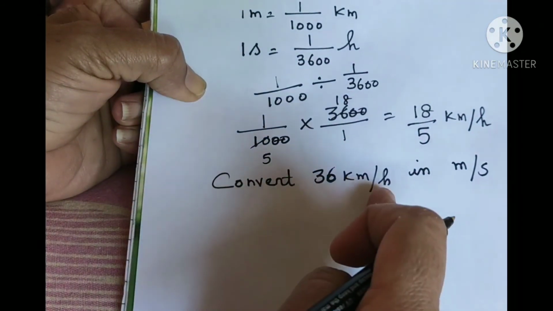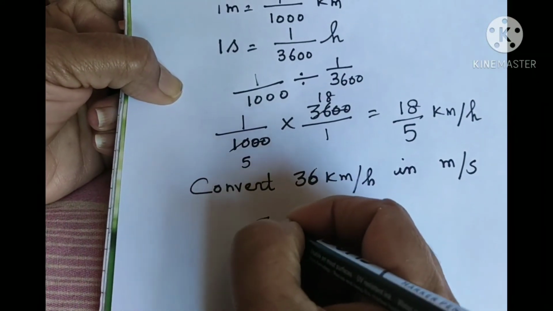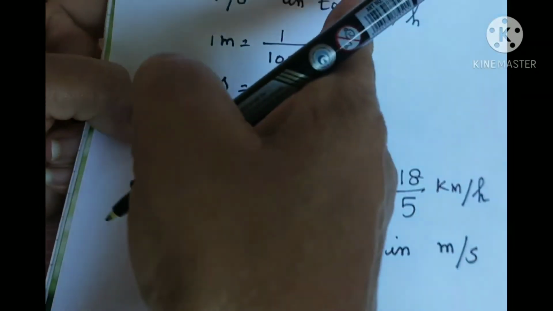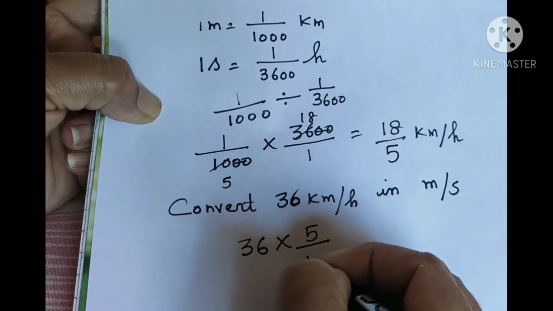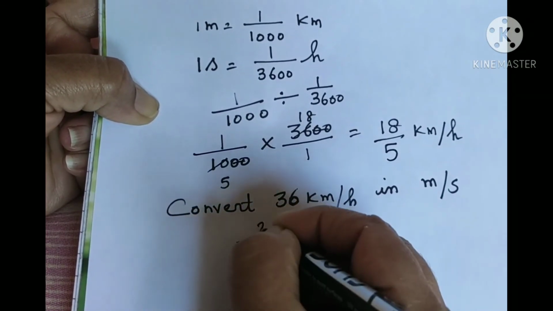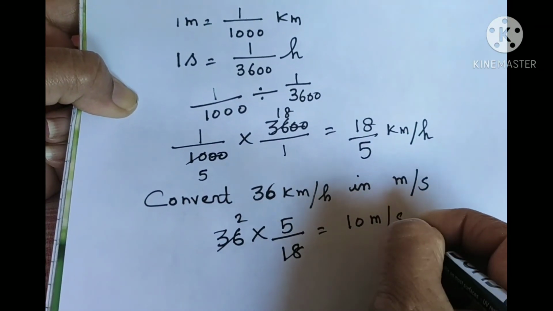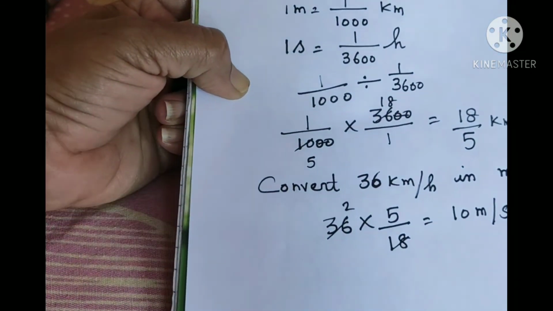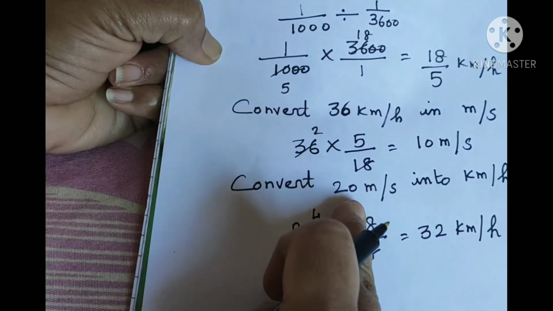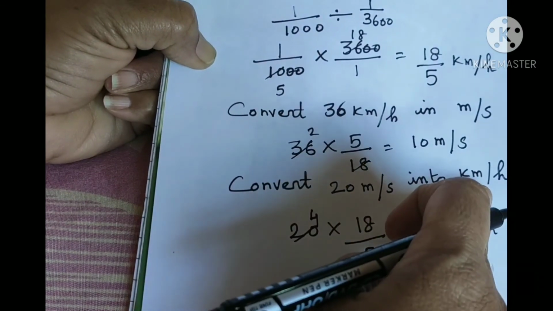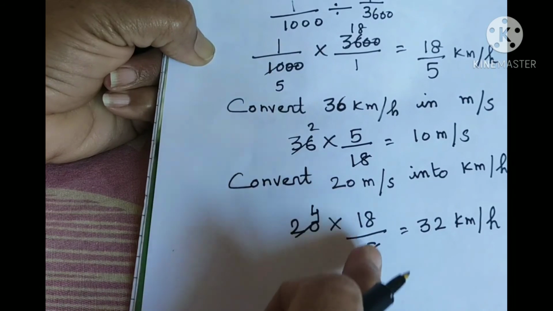Convert 36 kilometer per hour into meter per second. Very simple: 36 multiplied by 5 upon 18, that is equal to 10 meter per second. Now convert 20 meter per second into kilometer per hour. 20 multiplied by 18 upon 5.